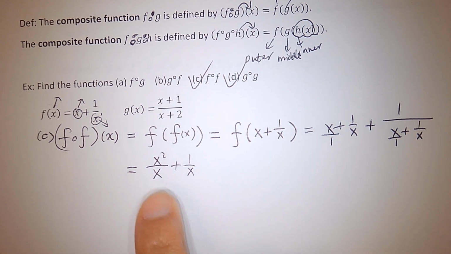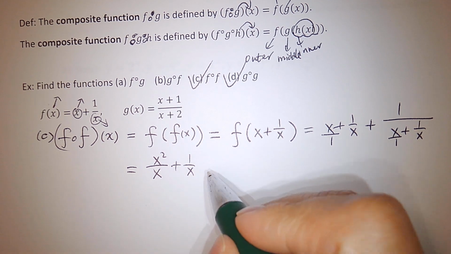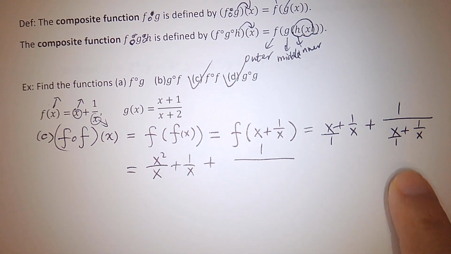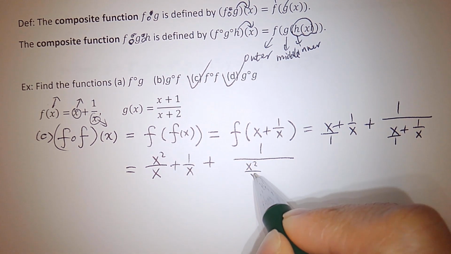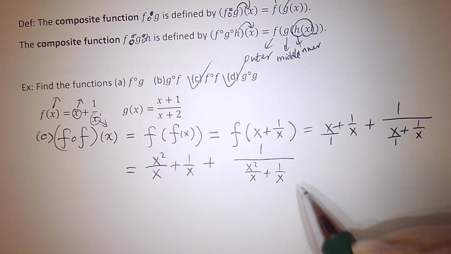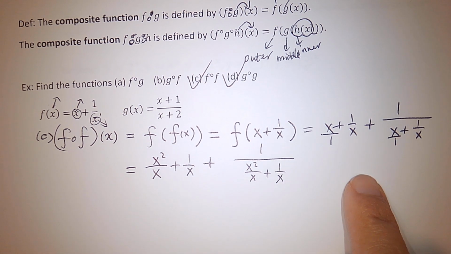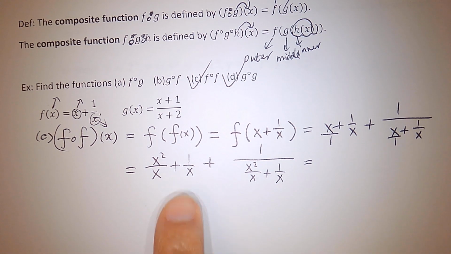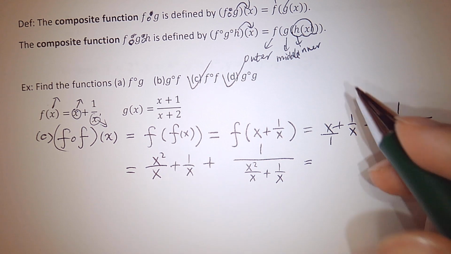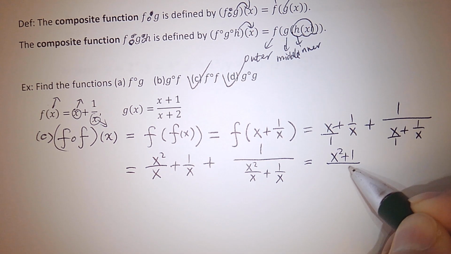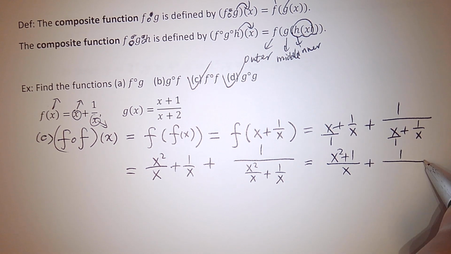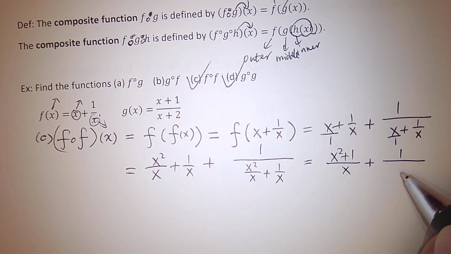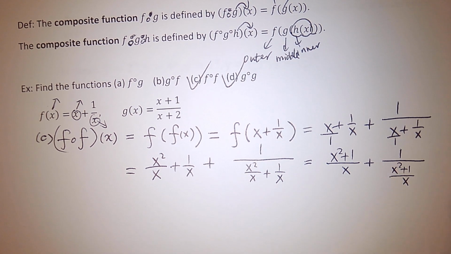Then 1 over x. Same thing here: x squared over x plus 1 over x equals, these two can be together, x squared plus 1 over x, and then 1 over what? x squared plus 1 over x, right?